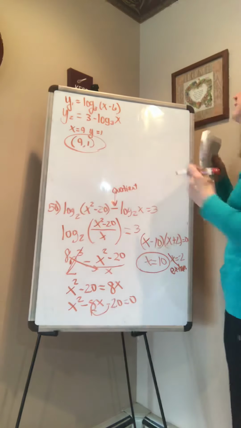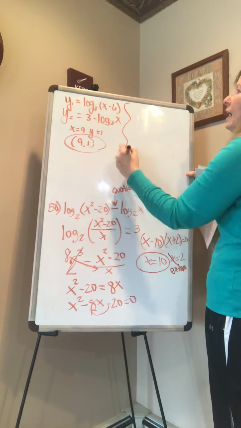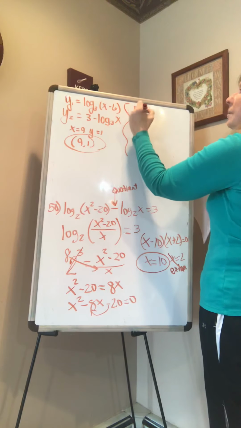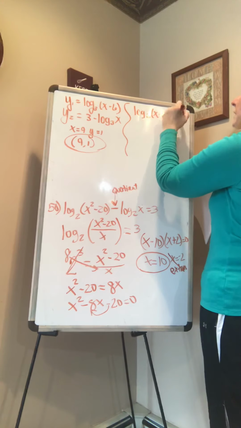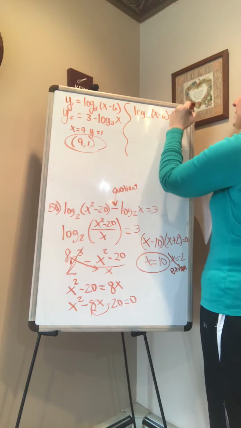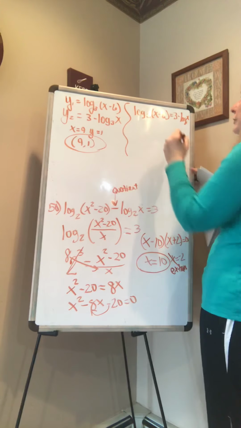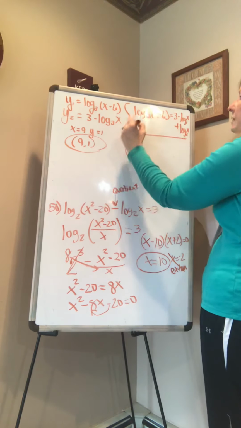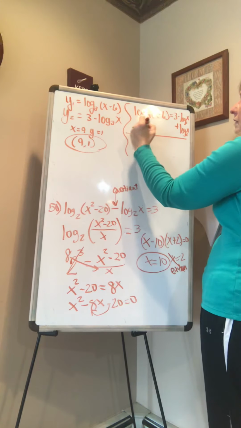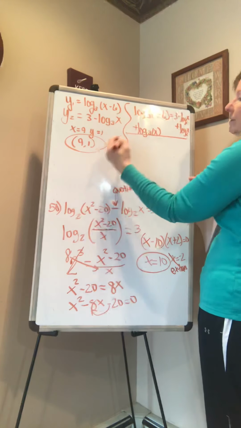You don't have a graphing calculator, you have to do the algebra. Log base 3 of x minus 6 is equal to 3 minus log base 3 of x. Now what I'm going to do is add log base 3 of x to both sides. And what I get is a long problem.